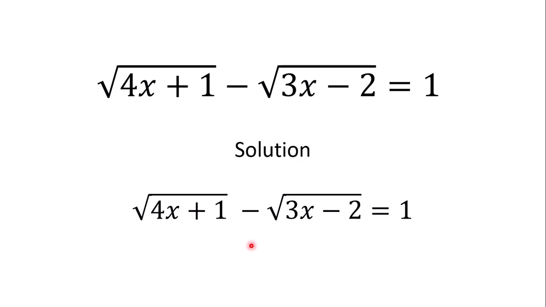If it is 2, you already know the coefficients. If it is 3, 4, 5, we use the Pascal triangle. If you don't want to do it that way and you want to go by what I'm going to do in this video, you have to make one of them the subject. So here we are going to make this one the subject by sending this one to this side.